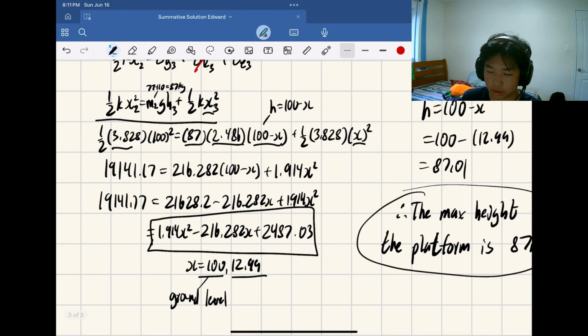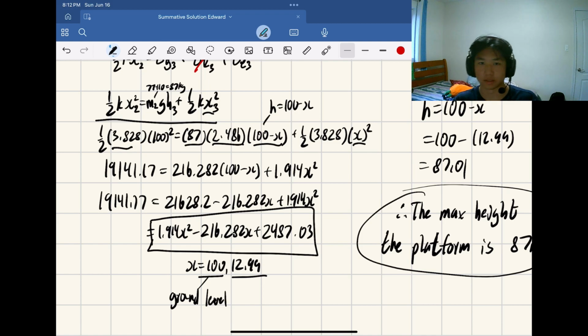This basically tells us that we did the question correctly, because it tells us where the guy first is, his origin, which is at the bottom.